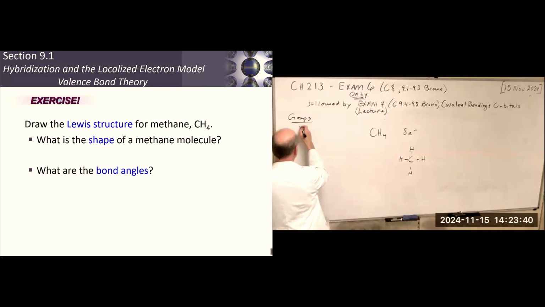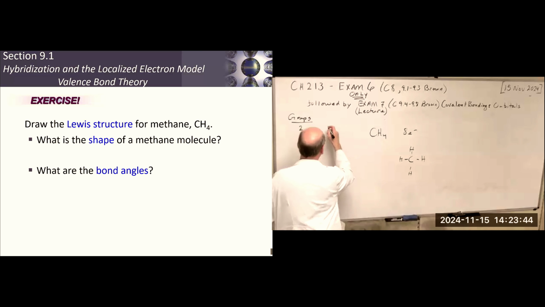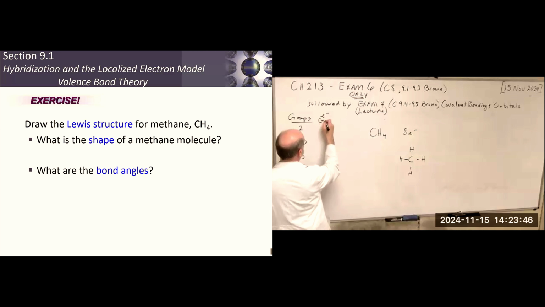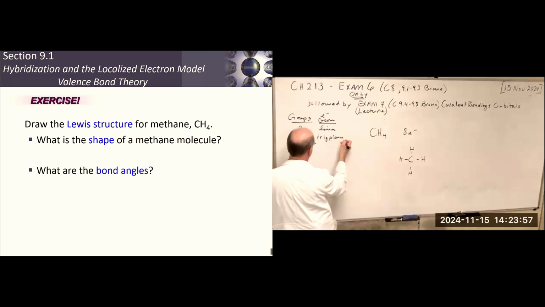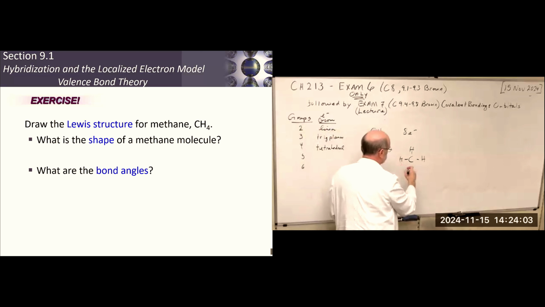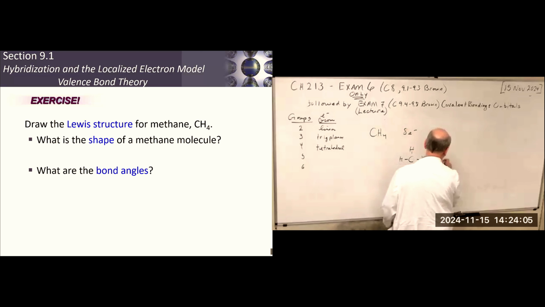groups when we have 2, 3, 4, 5, and 6. 4 groups, the electronic geometry for 2 groups is linear. This is a refresher. This is trigonal planar. This is tetrahedral. So that's what this one is. Tetrahedral.